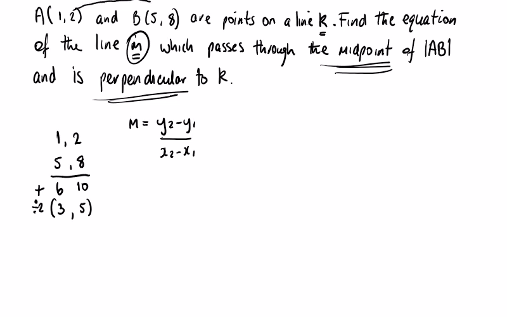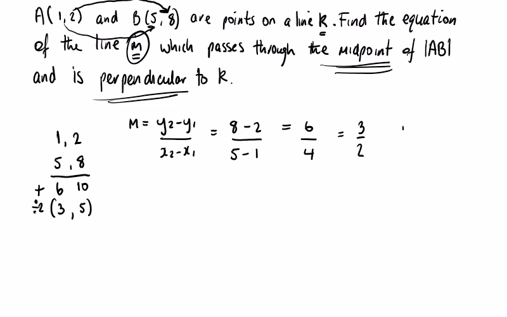How much has y changed by between 2 and 8? Well, 8 minus 2 is equal to 6. That's how much y has changed by. What about x? x starts at 1 and goes up to 5. So x has changed by 4, you can see. 5 minus 1, which is 4. So the slope, if we simplify it, is 3 over 2.